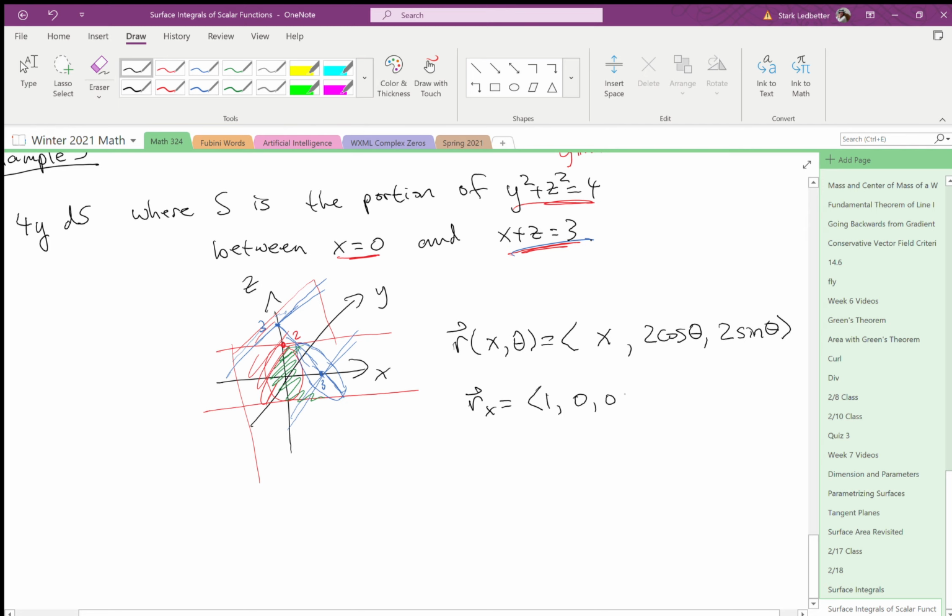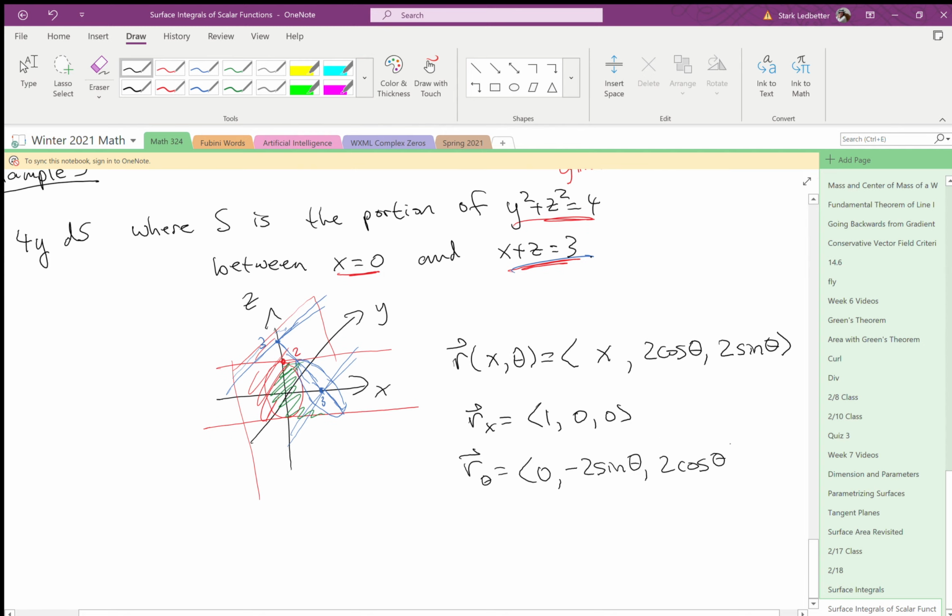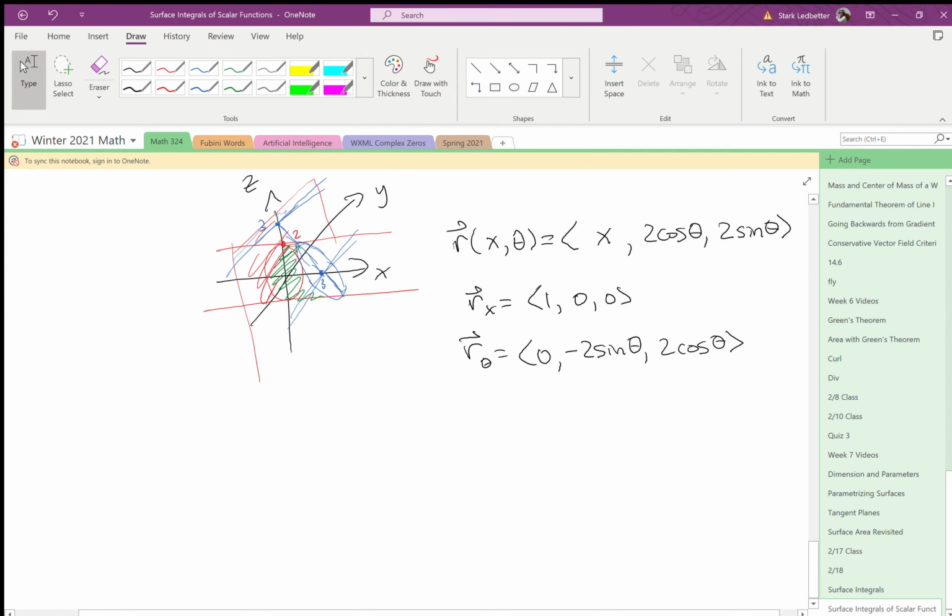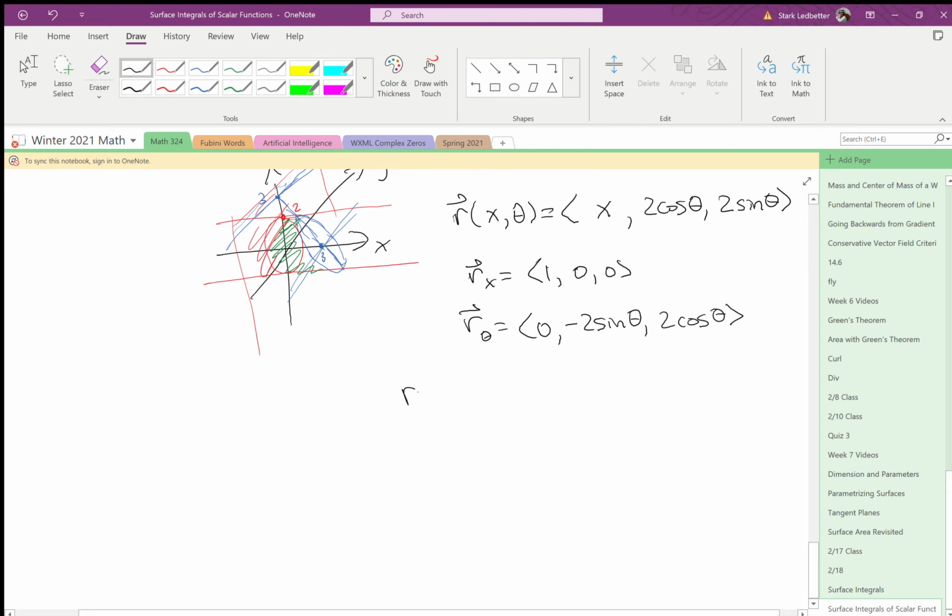Well this one's easy, r_x is 1, 0, 0, and r_theta is 0, negative 2 sine theta, 2 cosine theta. Then the cross product r_x cross r_theta, with i, j, k, we have 1, 0, 0, 0, negative 2 sine theta, 2 cosine theta.